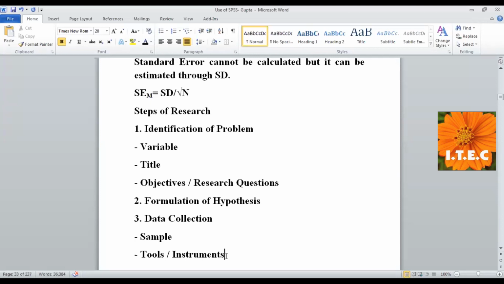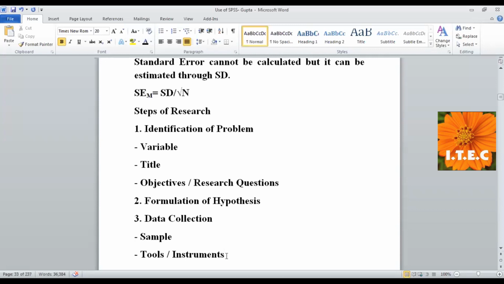In pure science, some of the instruments cost to the extent of 1 crore, 2 crore, and things of that variety. And the quality of the research, therefore, depends upon the instrument.